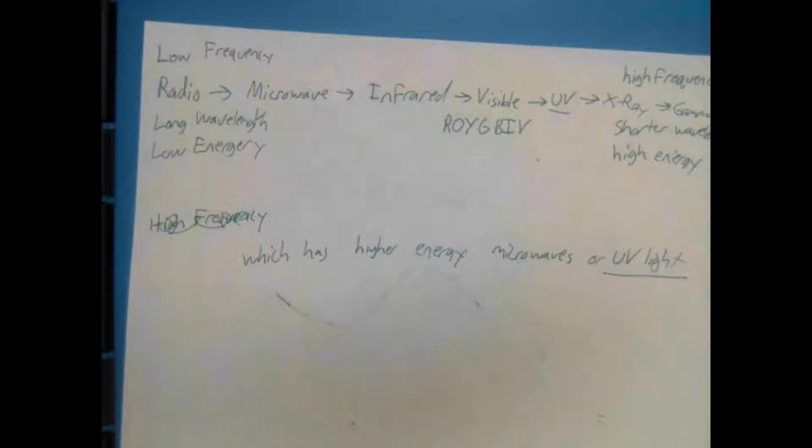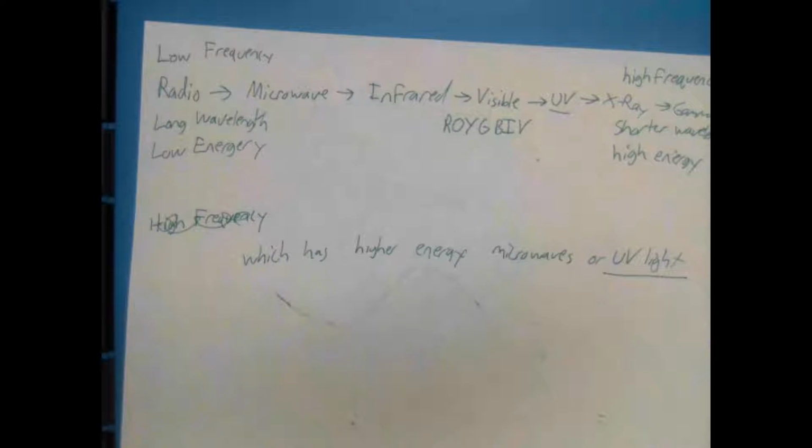Infrared is going to be next to red. Ultraviolet is going to be next to violet. As long as you remember it starting with radio, then comes microwave. Hence the reason why I always write it in this order, so that Roy G. Biv makes sense, because I believe all of y'all have heard of Roy G. Biv.